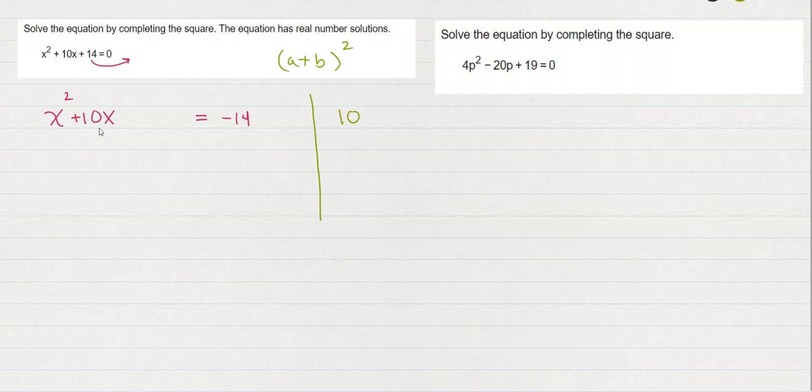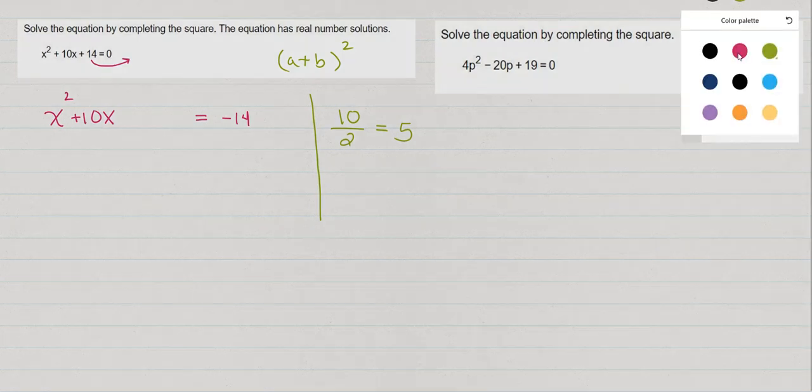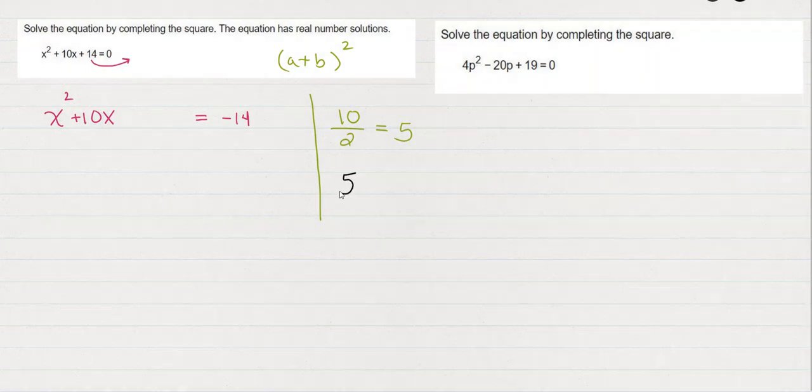I'm going to take this 10, cut it in half to get 5, and then I'm going to take the 5 and square it to get 25. That 25 is the magic number that completes the square. So I can add 25 to the left so that I build the perfect square.